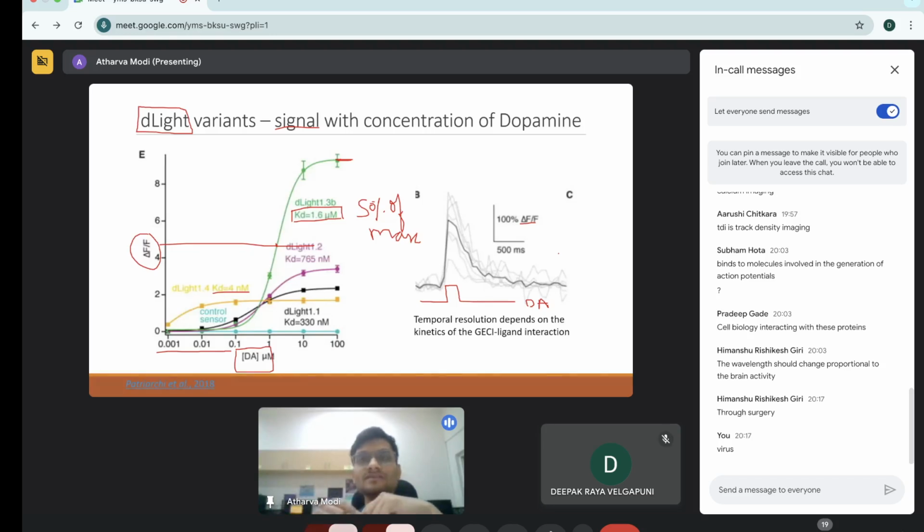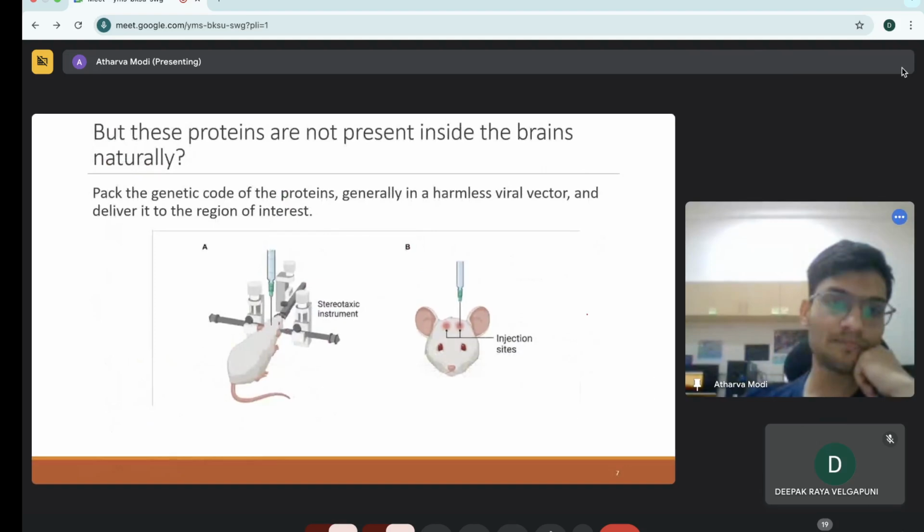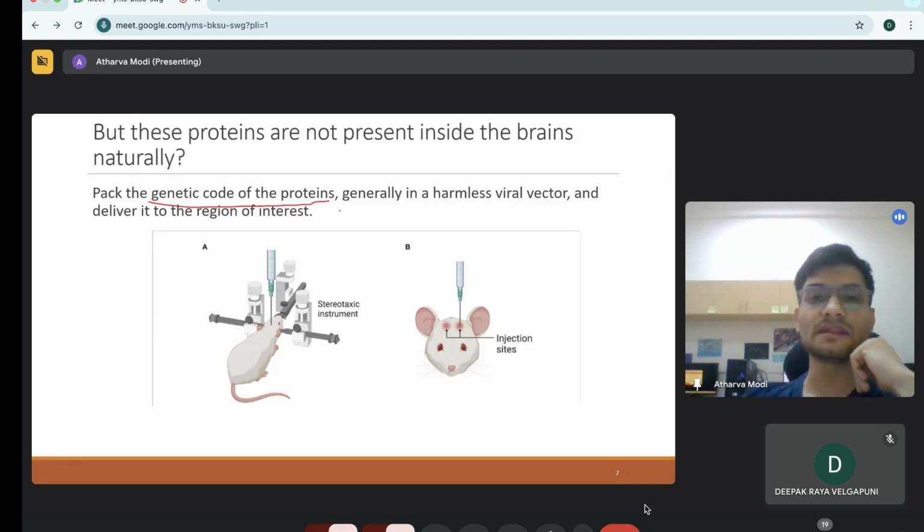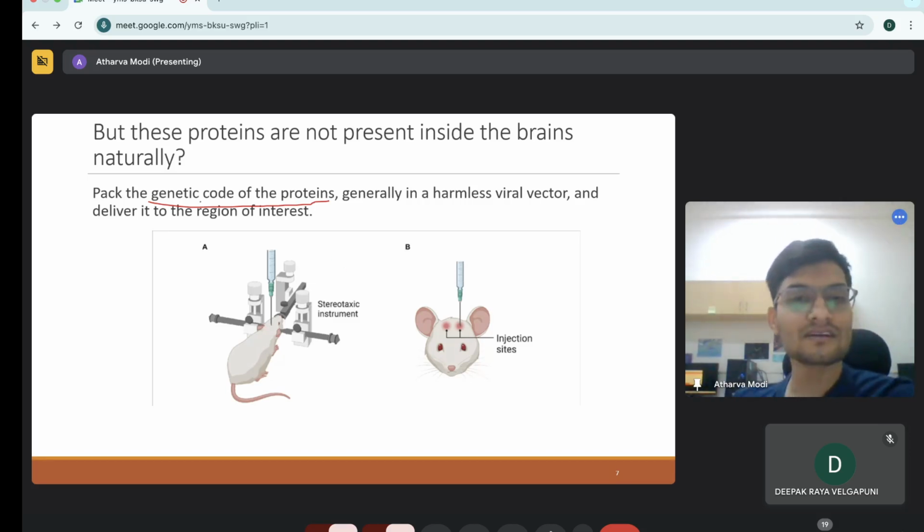But what you want is expression of the protein in your region of interest for a longer time. So what you do is you inject the genetic code of the proteins inside the brain. You pack this genetic code in some harmless viral vector and then deliver it to the region of interest using an injection. This genetic code, once inserted, gets expressed.